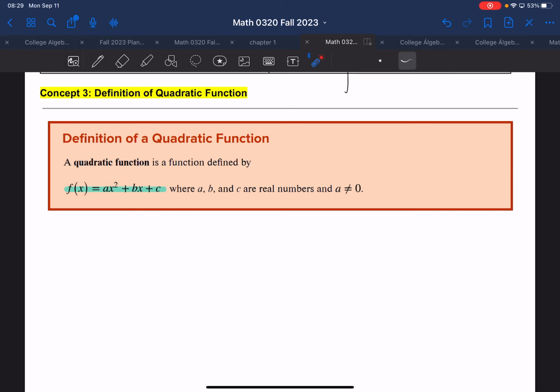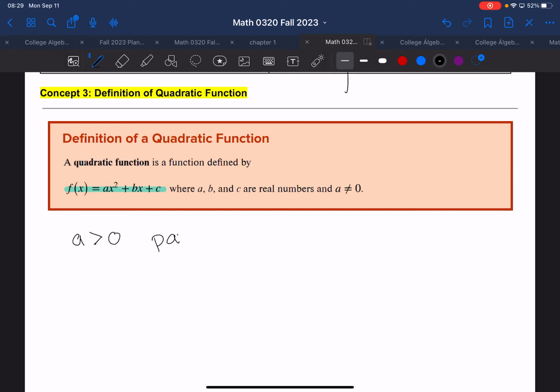So we know that a cannot be 0, but what happens if a is positive? So when a is positive, our quadratic, which is also called a parabola, opens in what direction? Up or down? Up.